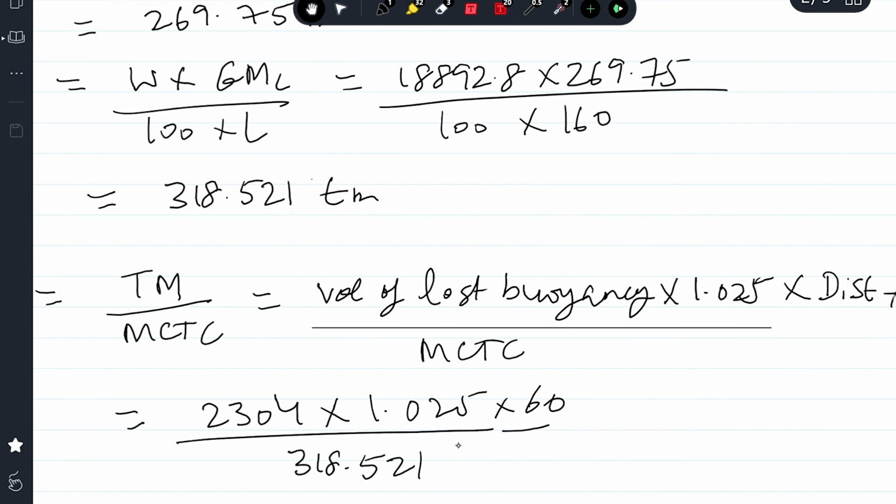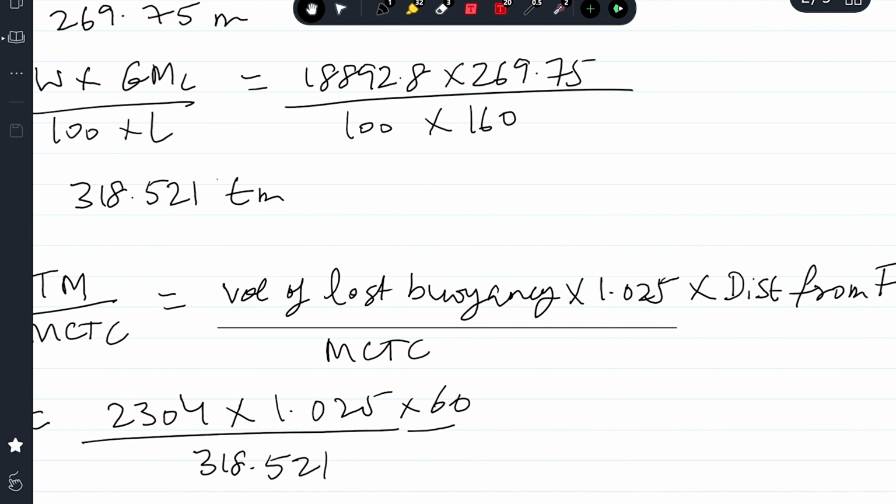What is the trimming moment? Here the trimming moment is caused due to the lost volume of buoyancy, which has caused the center of buoyancy to shift aft. So the volume of the lost buoyancy, we can convert it into the weight of the water which has entered the hold: volume of lost buoyancy into density of salt water 1.025.